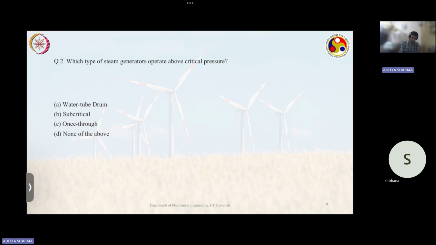It says, which type of steam generators operate above your critical pressure. We have four options here. You can have a look and try to answer.